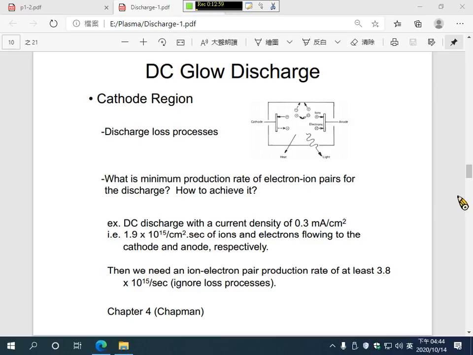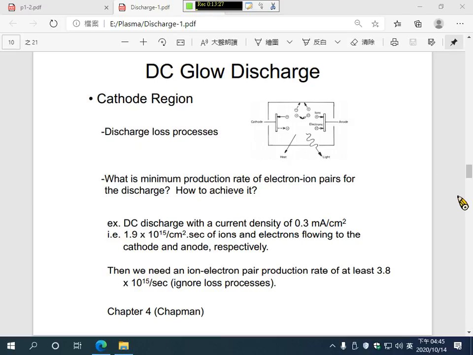So in Chapman's book, this chapter further discusses ways to generate plasma. The important part is the cathode region, and Chapman gives an example.